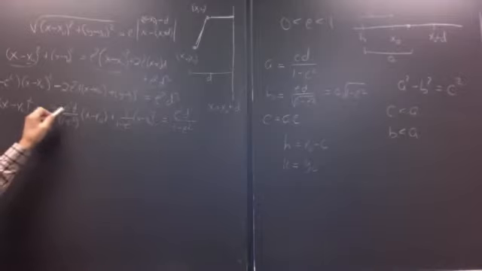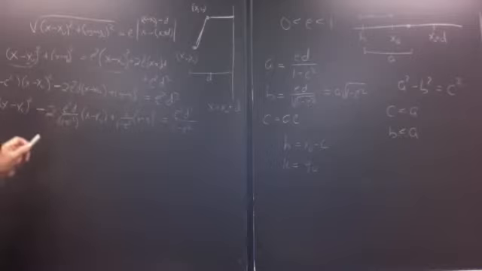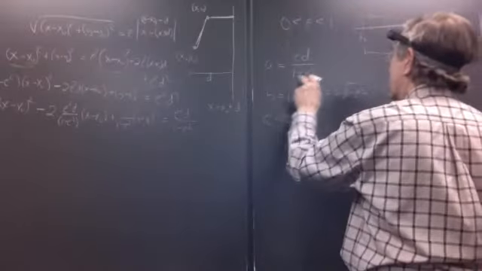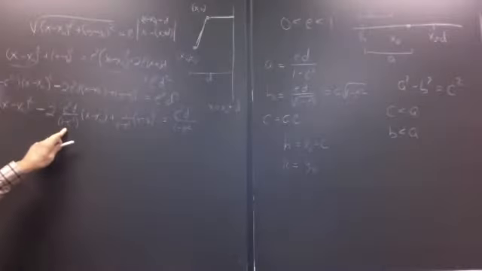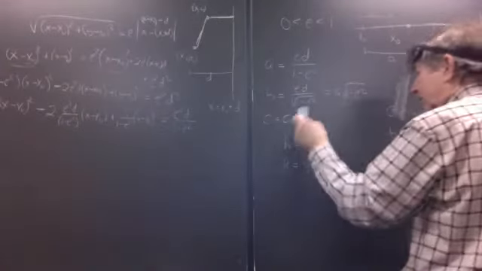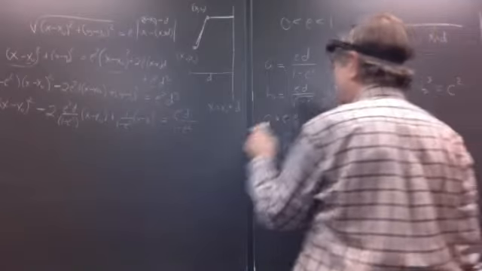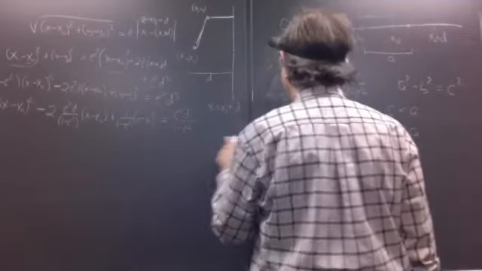So what I want to do is when I look at it and I look over here, I have e d over 1 minus e squared. Now over here I have e squared d over 1 minus e squared. But I also have c is ae. Now, what is ae?